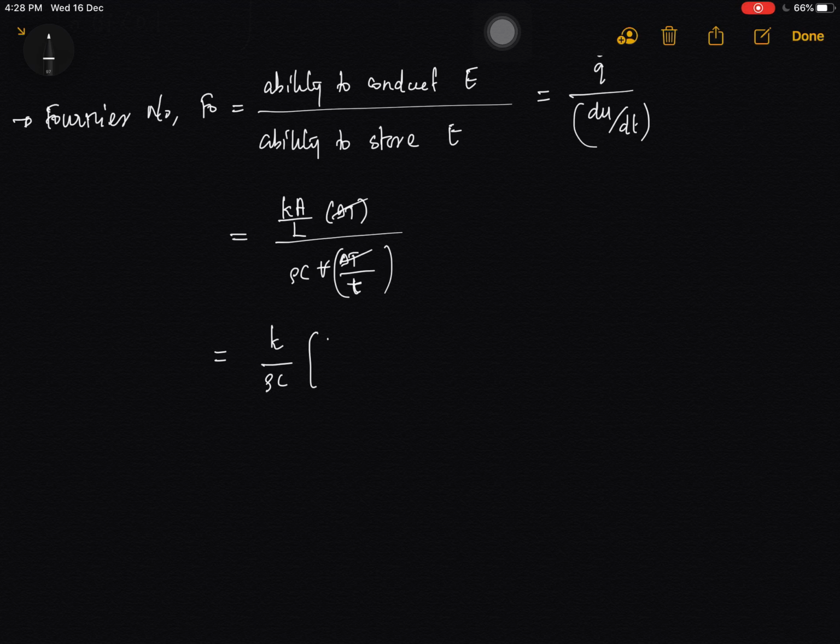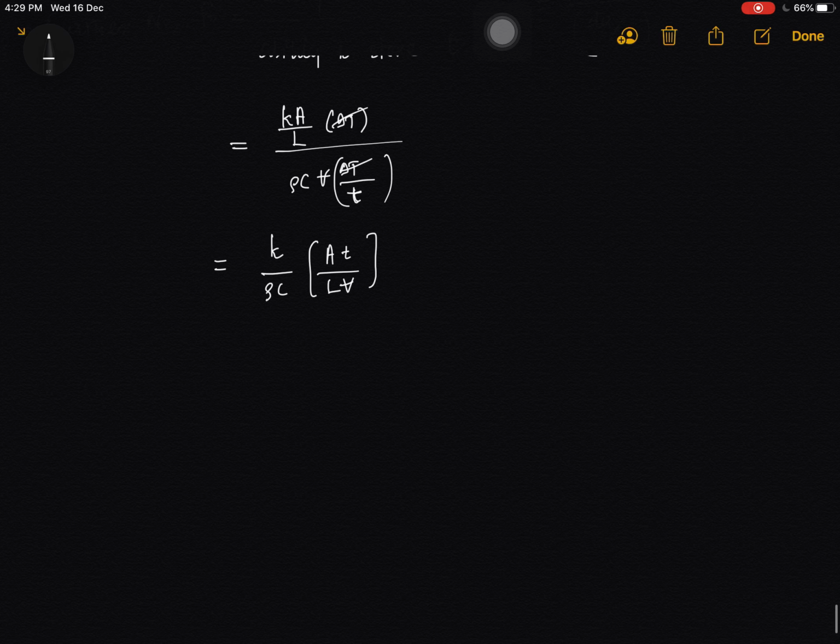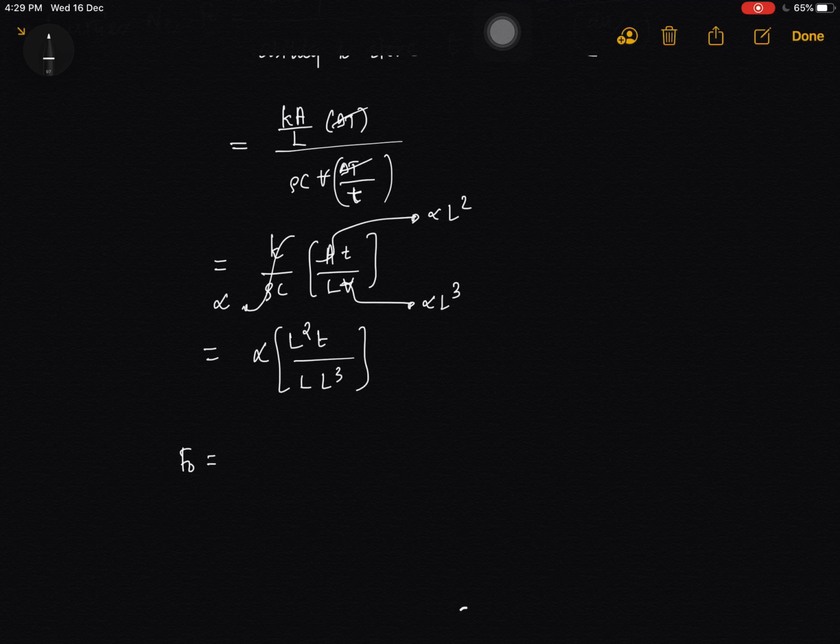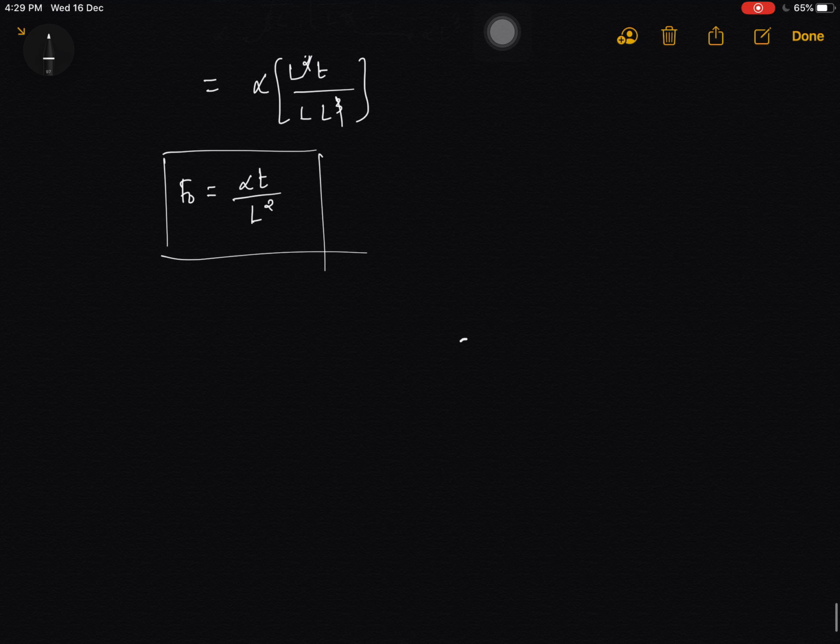Cancelling delta T, we get k by rho C into A by L into V into t. Here k by rho C is alpha, A is proportional to L squared, and V is proportional to L cubed. So we get alpha L squared t by L into L cubed, and this Fourier number is alpha t by L squared.